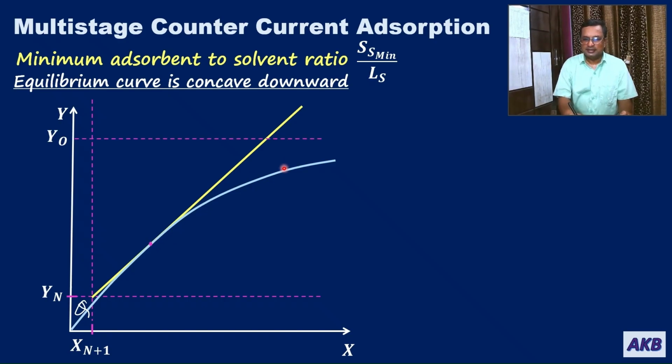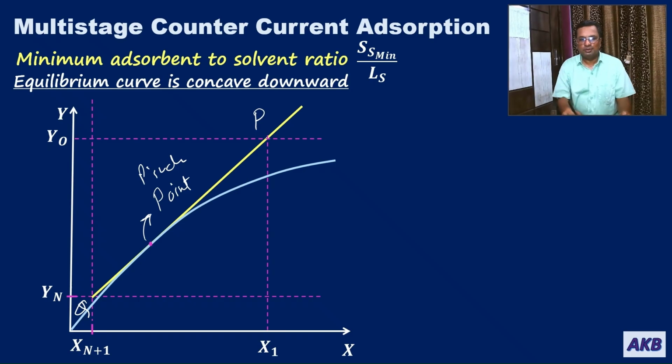And you have point P located over here. So this is point P, this is point Q, and this is the pinch point, the point of tangency. So in this way, the pinch point will be located if the equilibrium curve is concave downward.